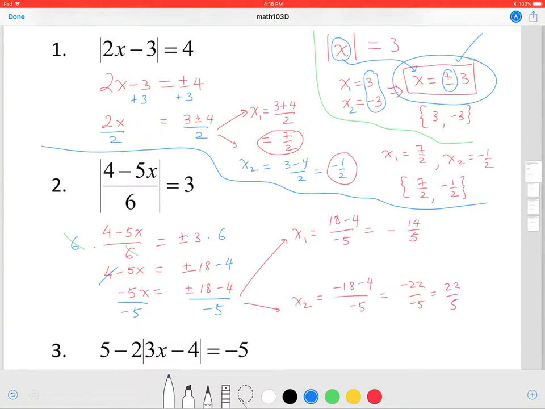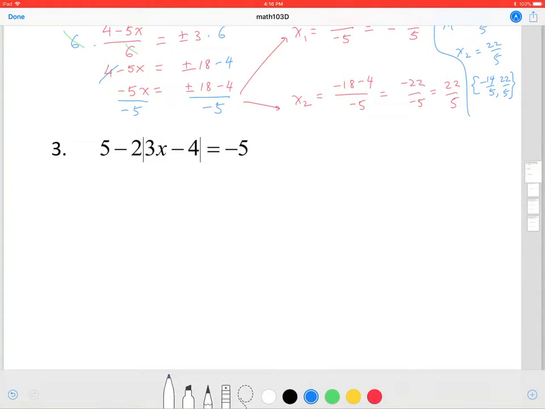So let me write my solutions. x1 is negative 14 over 5, x2 is 22 over 5, or in roster form, negative 14 over 5, comma 22 over 5.